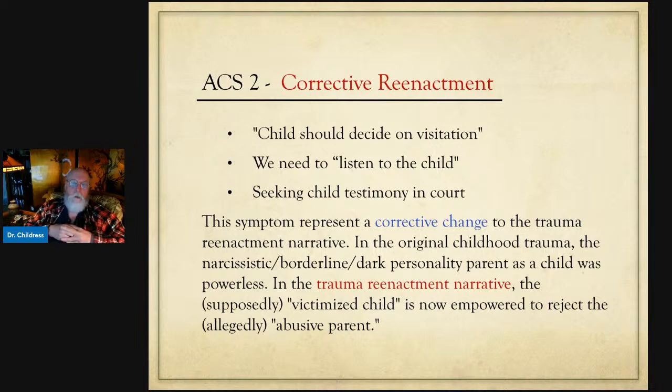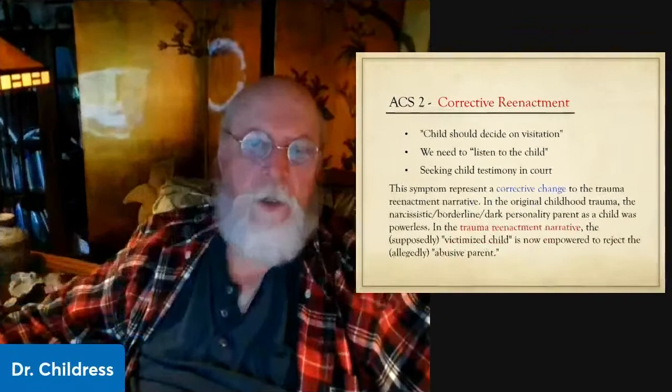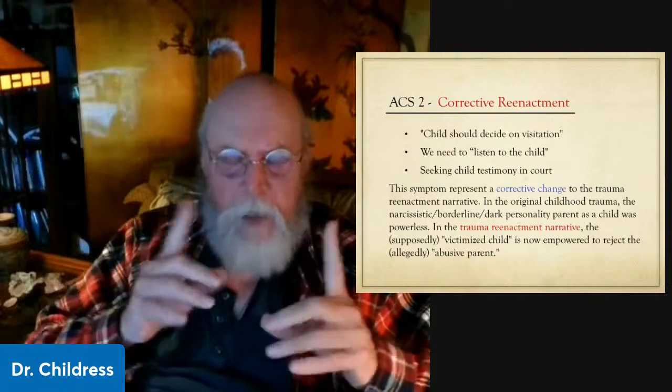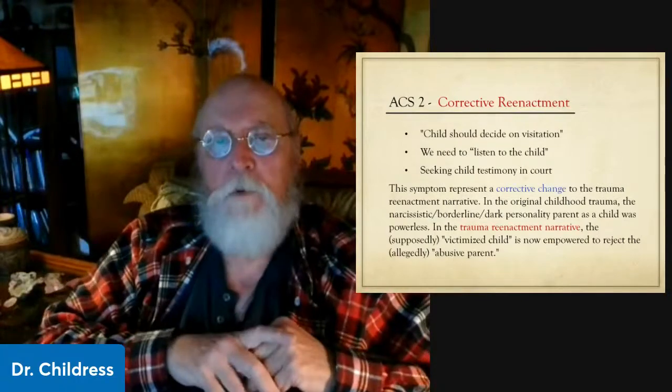In the original childhood trauma, the narcissistic borderline dark personality parent as a child was powerless. But in the trauma reenactment narrative, the supposedly victimized child of the current situation is now being empowered to reject the allegedly abusive parent.